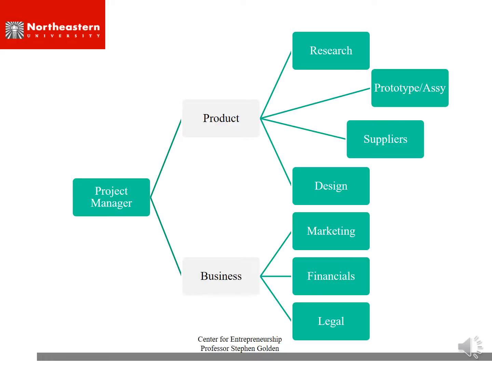The design person, again, as I said, will be working with the College of Arts and Sciences to create the branding, the positioning, and also the identity of the product. So that this person will understand the functions and features of the product, but also understand what the product's going to look like, how it's going to feel, how it's going to be positioned in the market. That will be a product team: research, prototype, suppliers, and design.